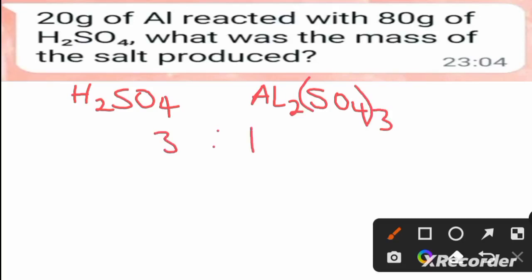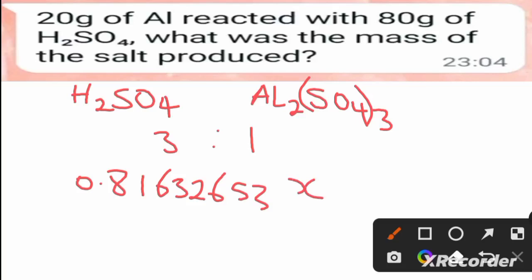We are from finding the number of moles of sulfuric acid, which is 0.81632653. Then here we don't know, so let us do a cross multiplication.